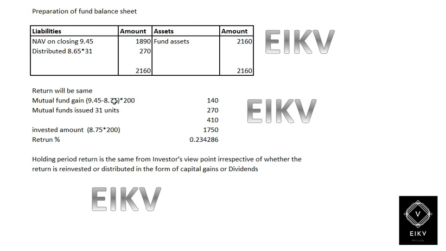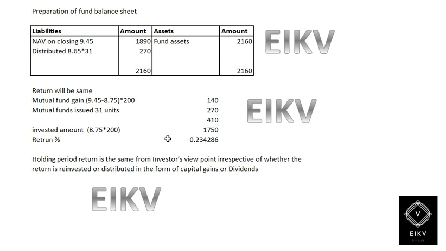Therefore the mutual fund gain would be 9.45 minus 8.75 into 200, which is 140, and then the mutual fund investment would be 31 units, which is 270, and the total return would be 410, and the investment amount would be 8.75 into 200, which is 1750.